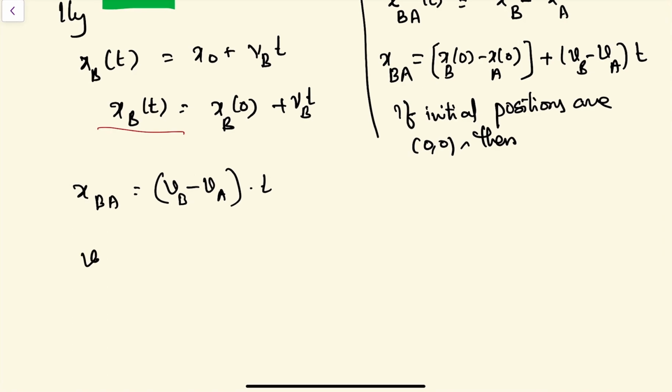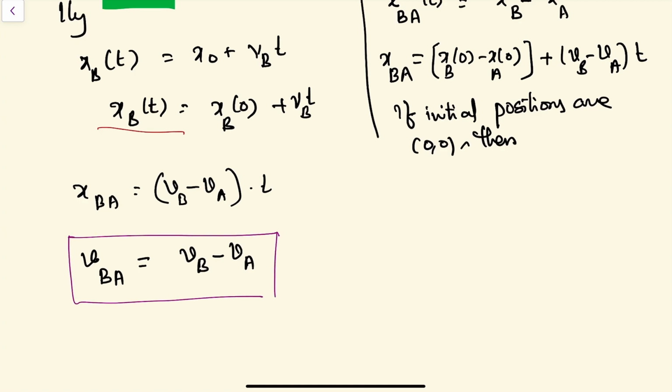Similarly, I will write VBA, the velocity of B relative to A, is equal to VB minus VA. And the velocity of A relative to B, VAB, is equal to VA minus VB.